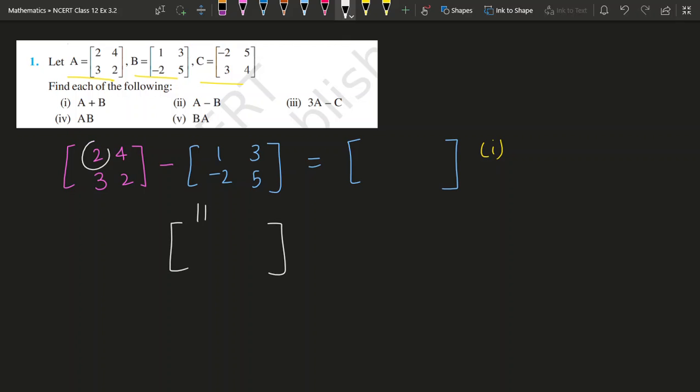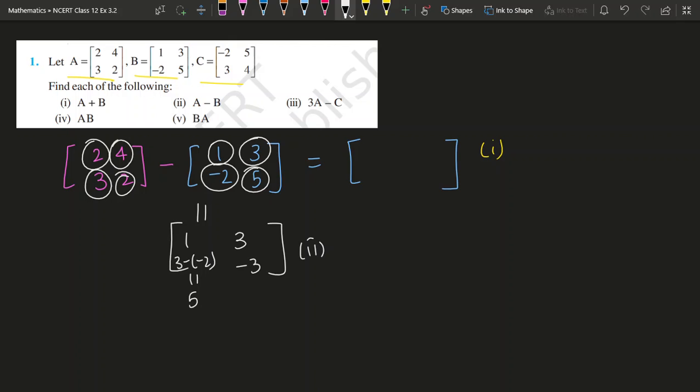So first you're doing 2 minus 1, so that will be 1. 4 minus 3 would be 3. 3 minus minus 2, that will be 3 plus 2, that's 5. And 2 minus 5 will be equal to minus 3, and that's the answer for the second part. The answer for the first part was 3, 7, 1, 7.